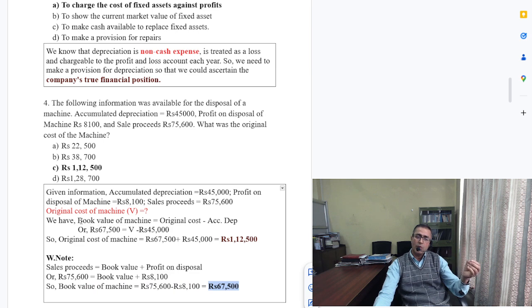So again you move to this equation: book value of the machine equals original cost minus accumulated depreciation, friends. Now 67,500, and we don't know V here, that is the original cost, and accumulated depreciation is given in the question. So the original cost of the machine would be 1,12,500.